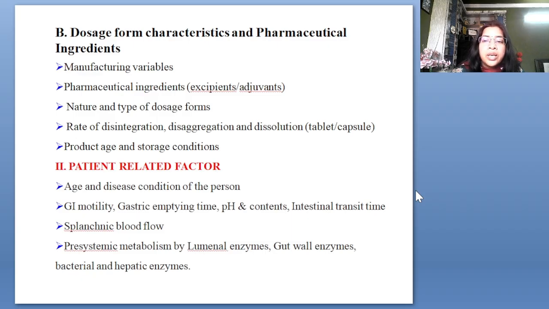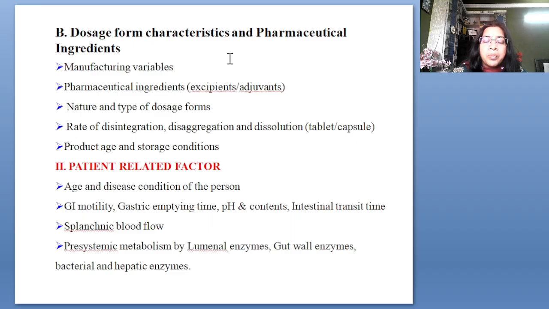I have already told you that drugs are given under different dosage forms: tablet, capsule, then semi-solid, syrups, then liquid solutions and all. The dosage forms also affect the absorption. When we design any dosage form, there are different manufacturing variables depending upon the type of premises, type of instrument, and the process installed or occurring during manufacturing.